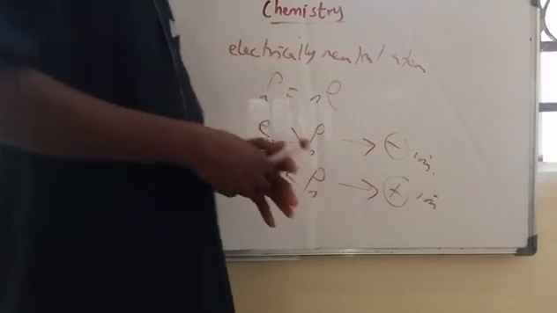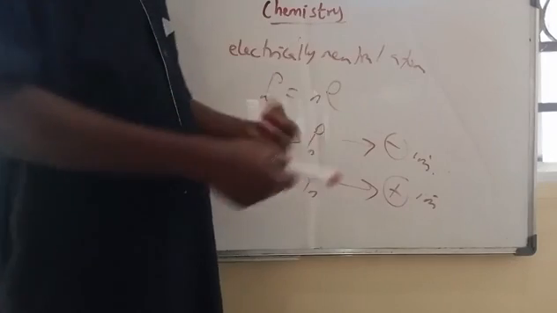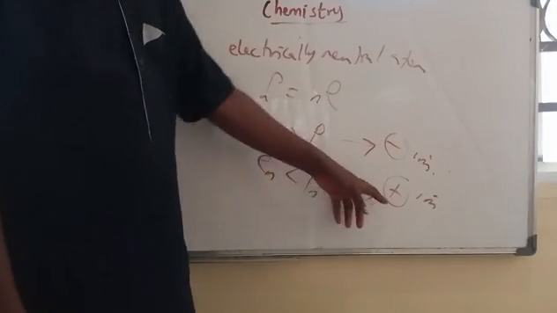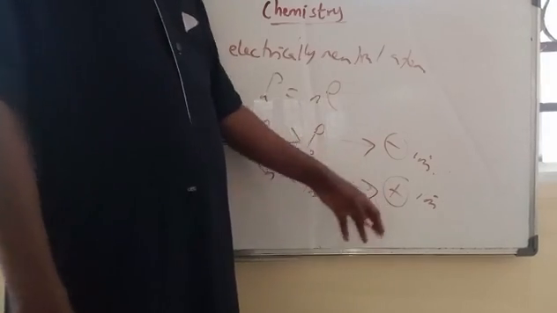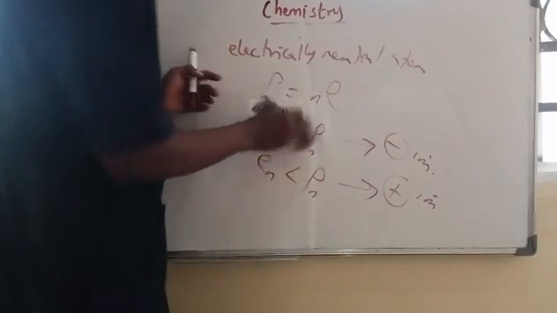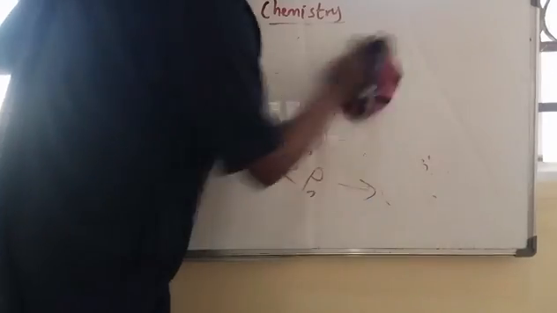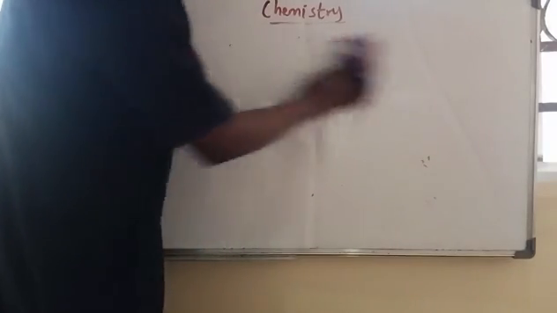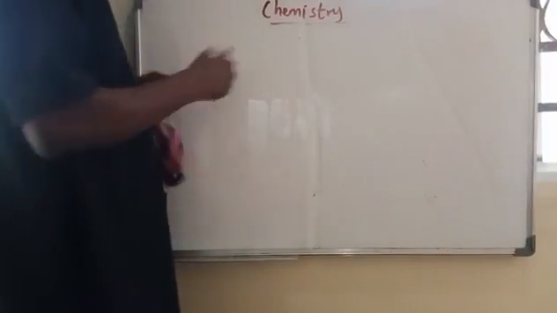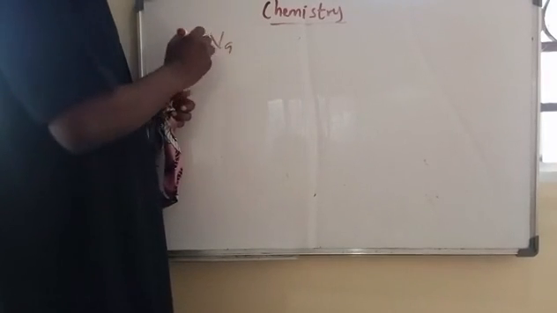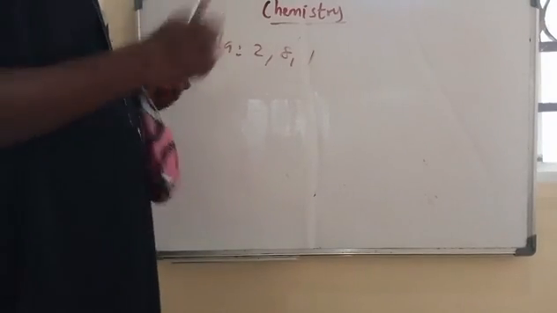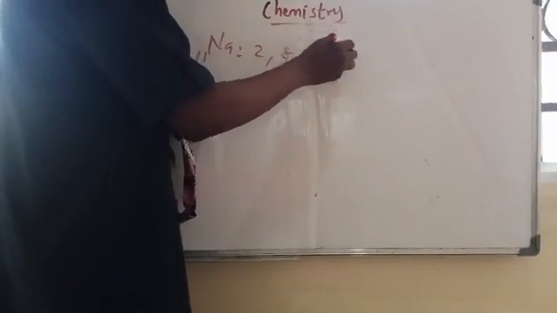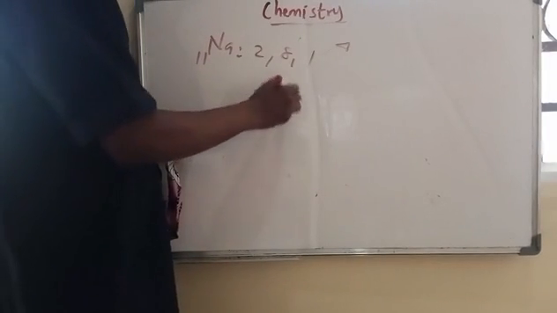So when an atom loses electrons, it becomes positively charged because there will be fewer electrons than protons. So positive ions are formed by loss of electrons. For instance, sodium originally has 11 electrons. If it loses one electron, it becomes 2,8.